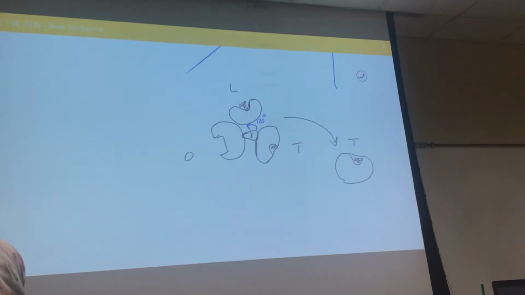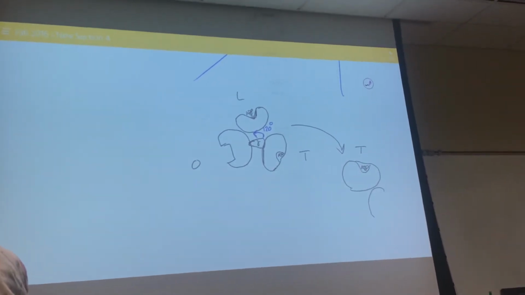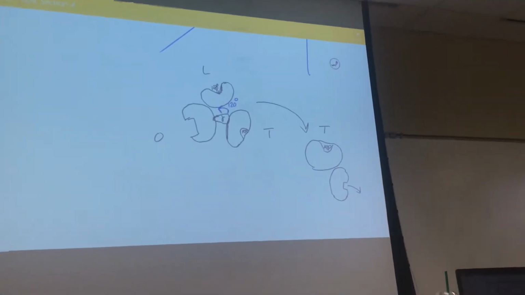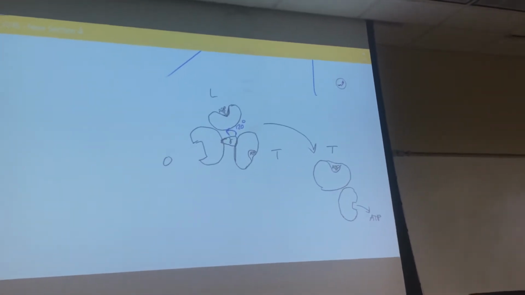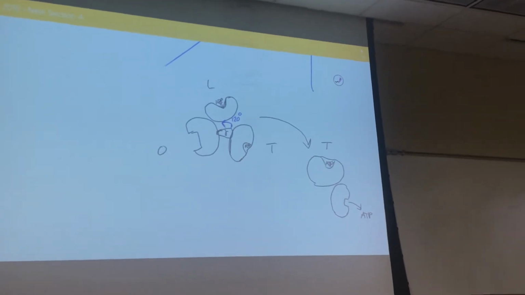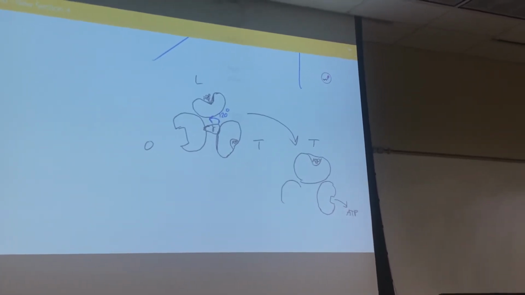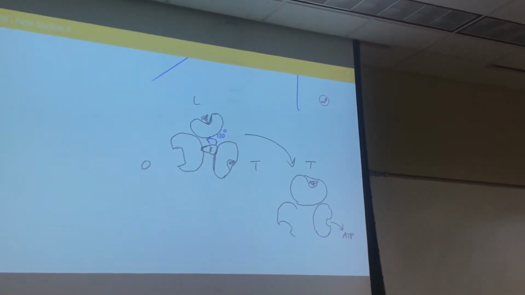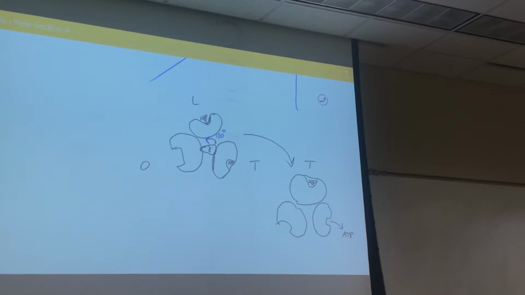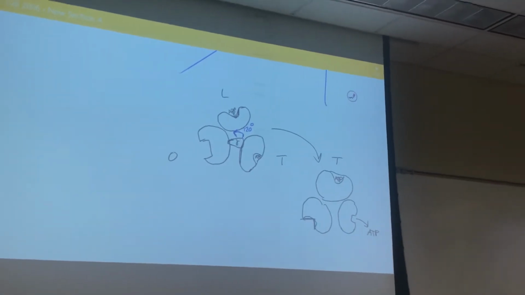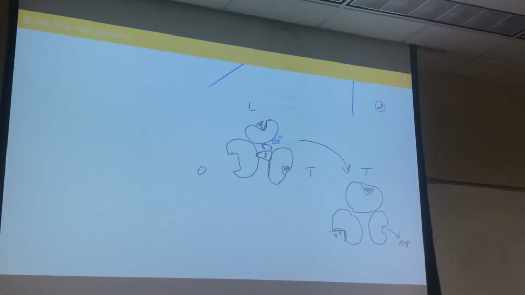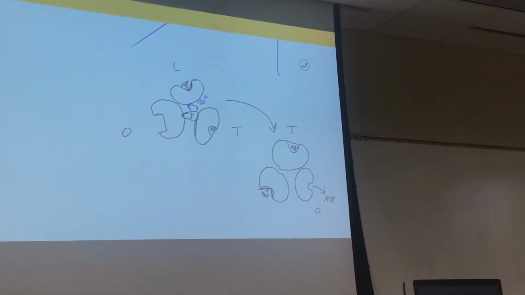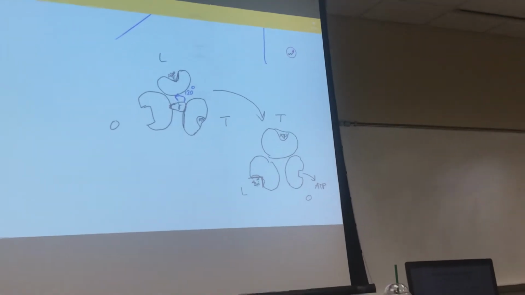Now what was tight becomes open, and that ATP left. Okay? And now here, what was open, I guess I drew it as a triangle, we'll have Pi and ADP. So here is our open and our loose conformation.